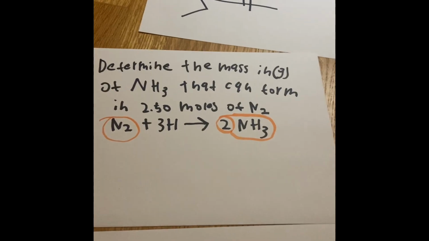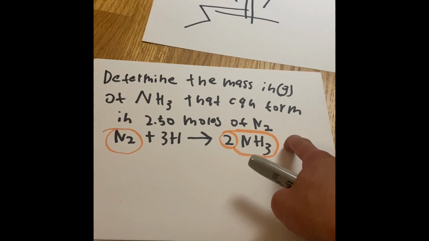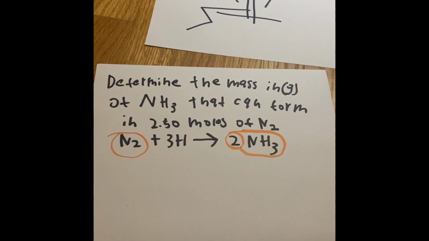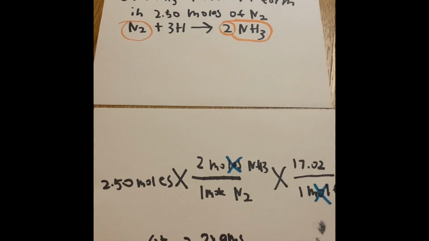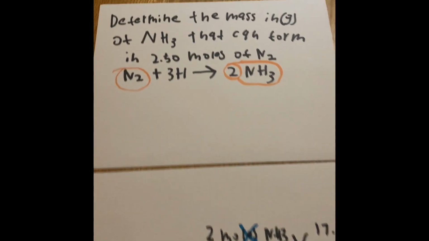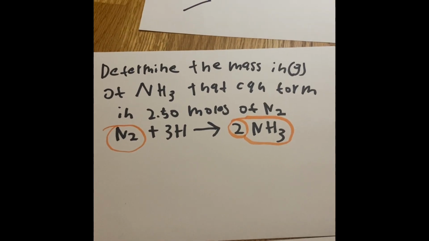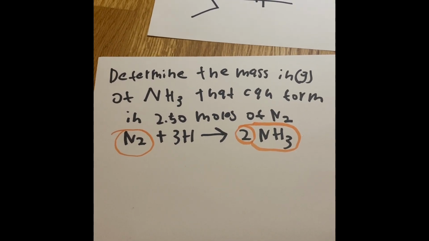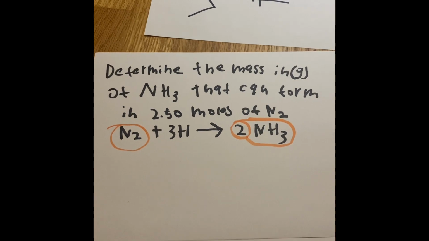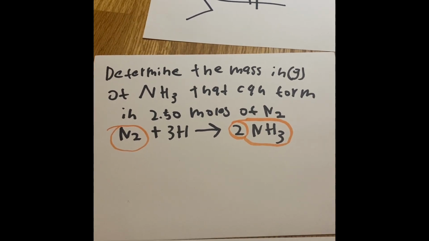What that's saying is, for this balanced equation to happen, NH3 would have to have a mass of 85.2 grams in order for it to form from 2.50 moles of N2, nitrogen with 2 atoms.